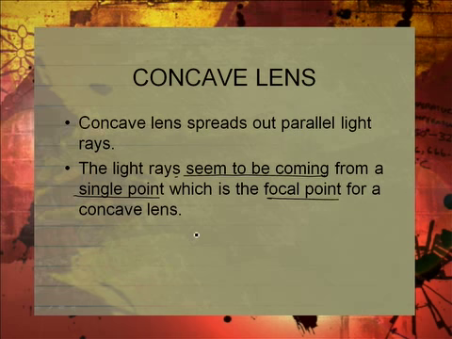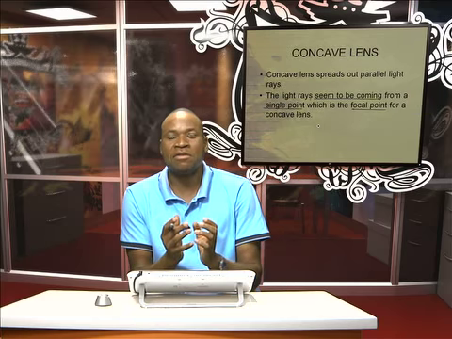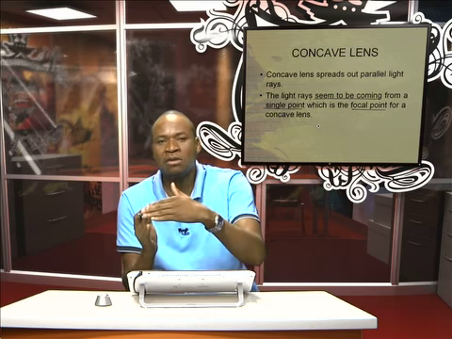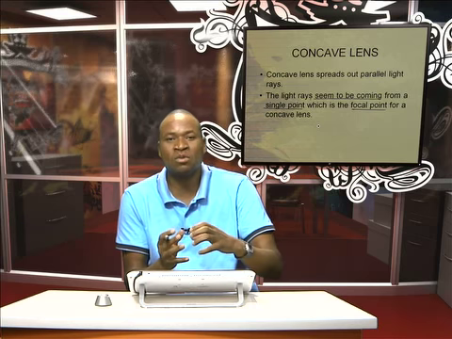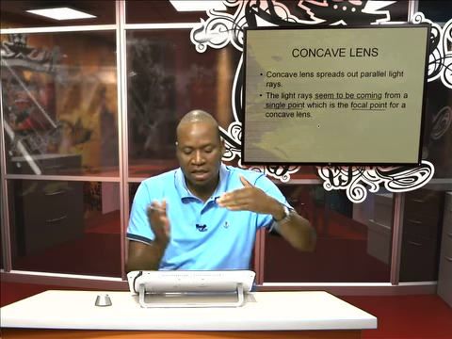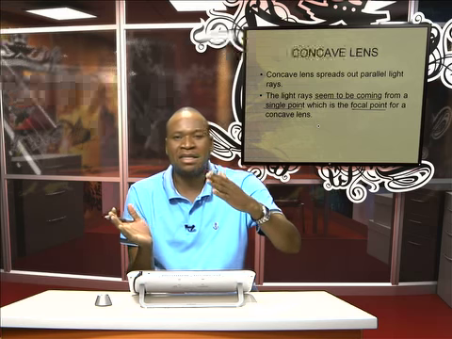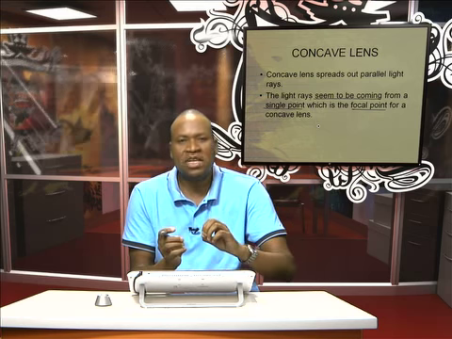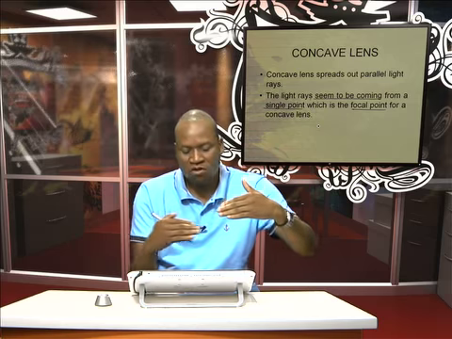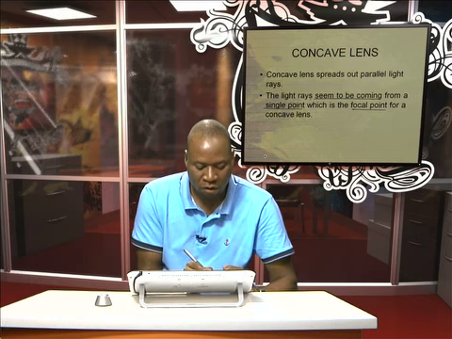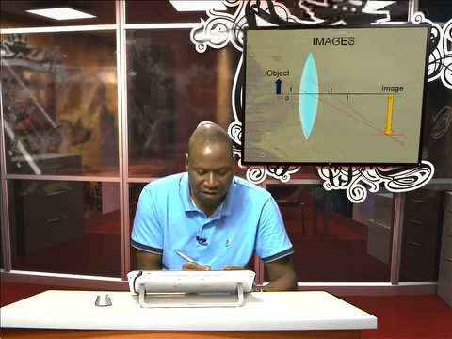So the focal point for a concave lens is not like that of the convex lens, where all the light rays come together. Here, if you look at how they have been diverted, you would see that if you prolong them, the point where they seem to come from becomes the focal point for a concave lens.